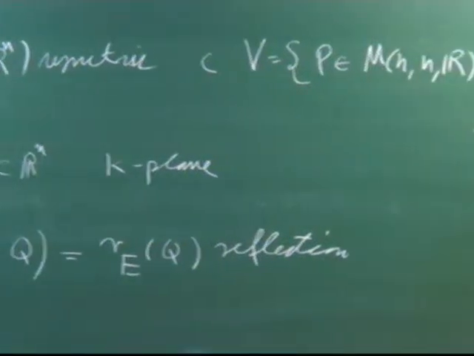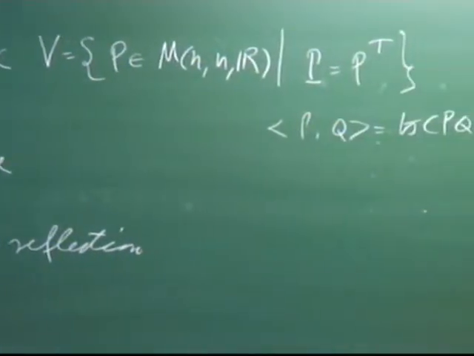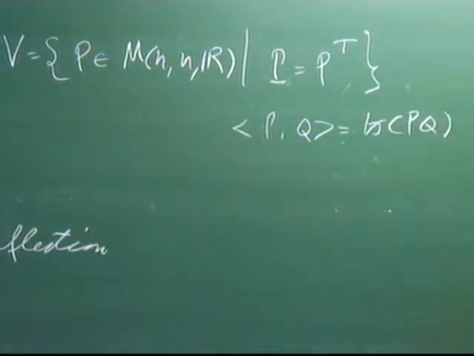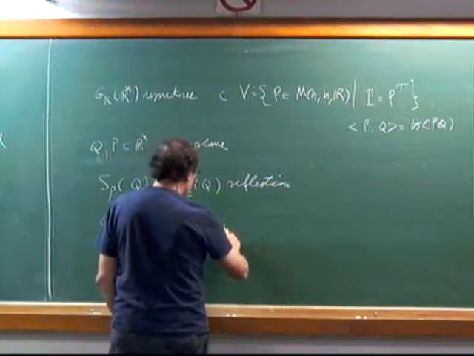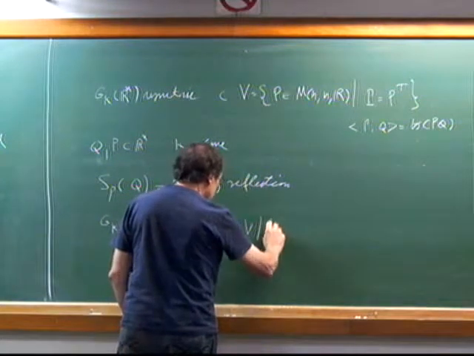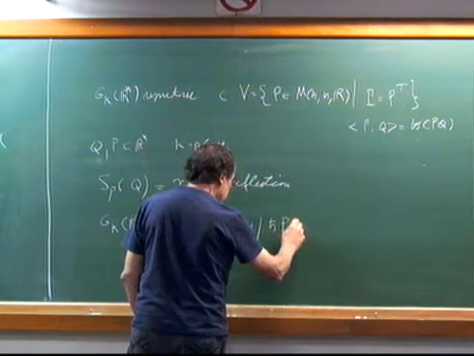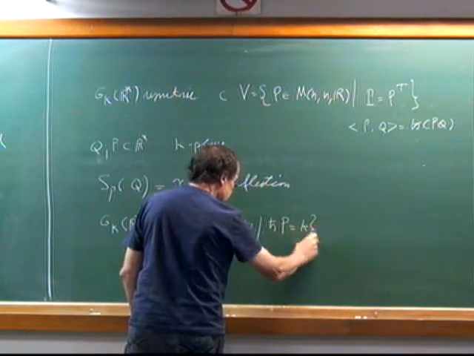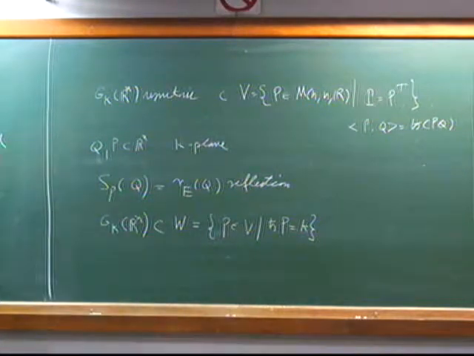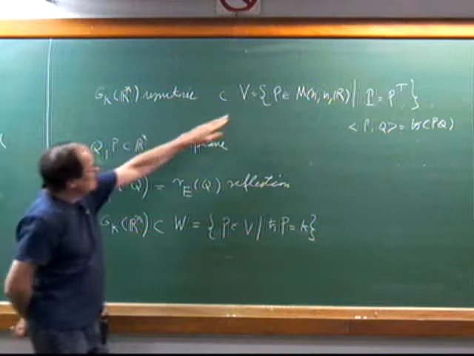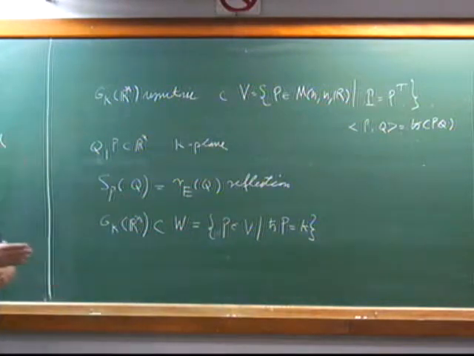One more comment. First, as we discussed, this actually sits inside the subspace W, which is those P in V where trace P is equal to K. It is guaranteed that the planes are K-dimensional. So in this space V, I have all the Grassmannians sitting in different affine subspaces.